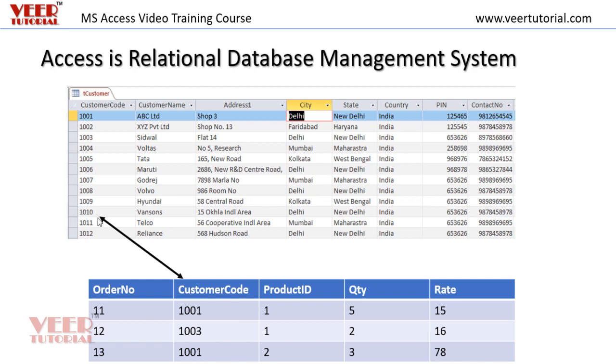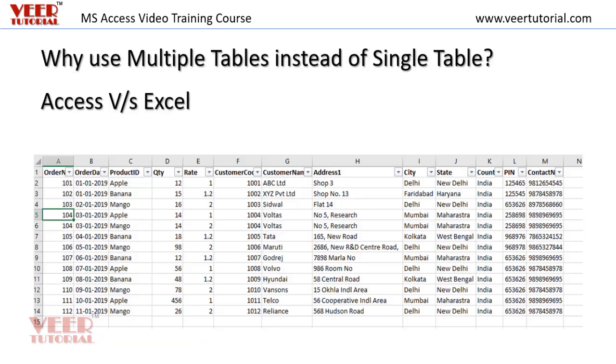This way, we can create a relationship between two tables. That is why Access is called a relational database management system. Now you might be thinking, why are we not creating a single table for all records, why are we creating multiple tables? I will give you the answer in the next slide. Now move to the next slide.